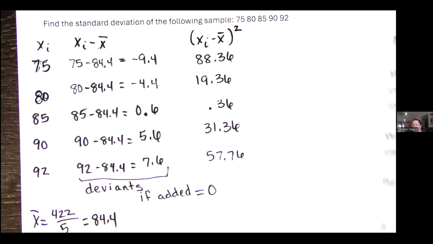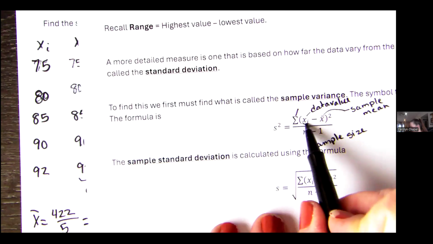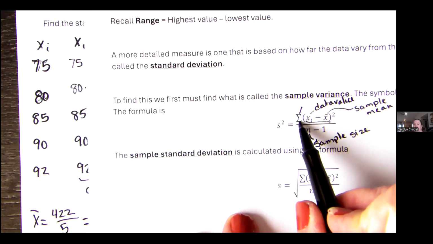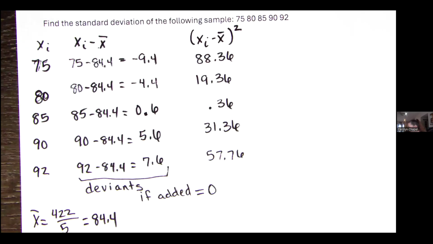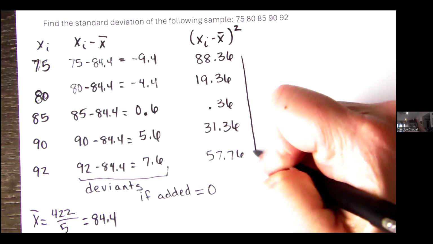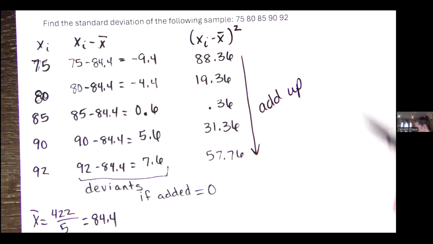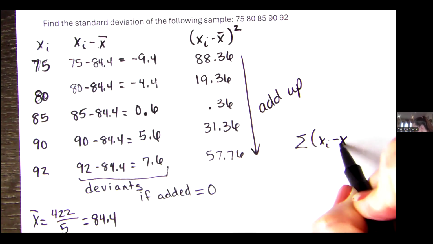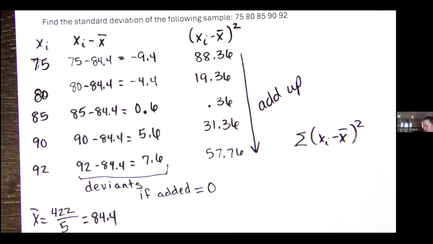So I'm going to kind of throw my formula up here. We have just done this inside piece. The next thing I want to do is this symbol, which tells me to add them all up. So I'm going to take these guys and I'm going to add them up. And that's going to give me the sum of these xi minus x bar squares. So I'm going to take all those numbers, adding them.